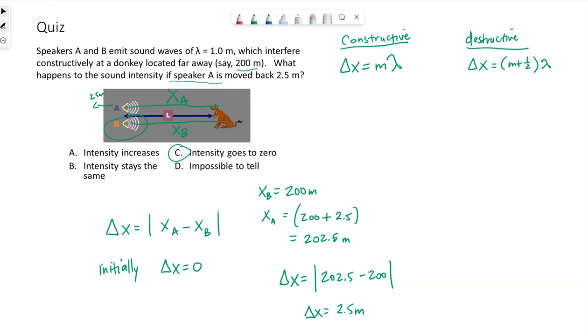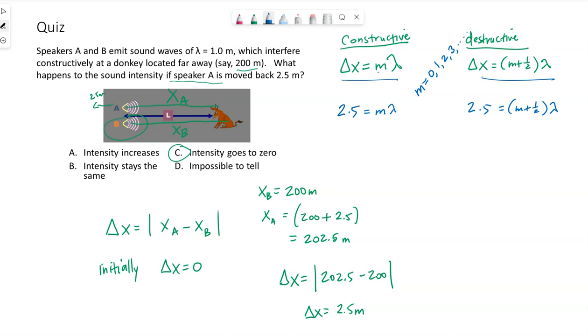So what we have to do now is see which condition this satisfies. Is 2.5 meters equal to m lambda, or 2.5 meters equal to (m plus 1/2) lambda, or neither one? Now remember, m is restricted.